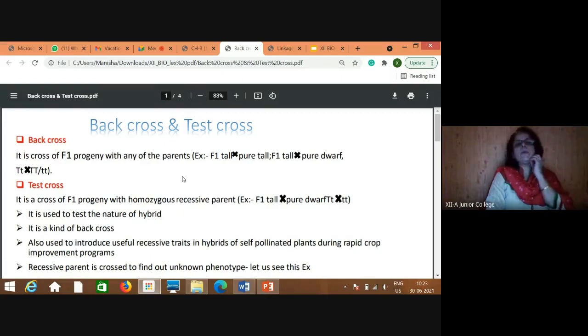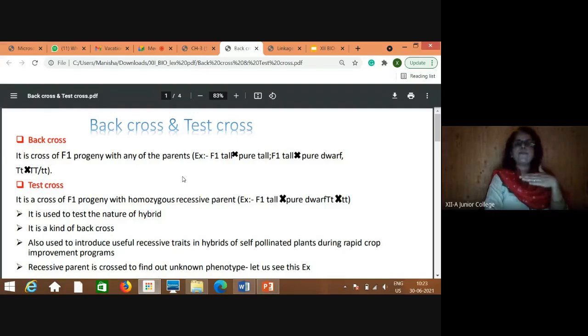In a monohybrid cross, mono means single, only a single character is considered. You remember that height is the example character for crossing. All the F1 progeny were tall, with genotype capital T, small t, that means heterozygous, but phenotypically they were all tall.